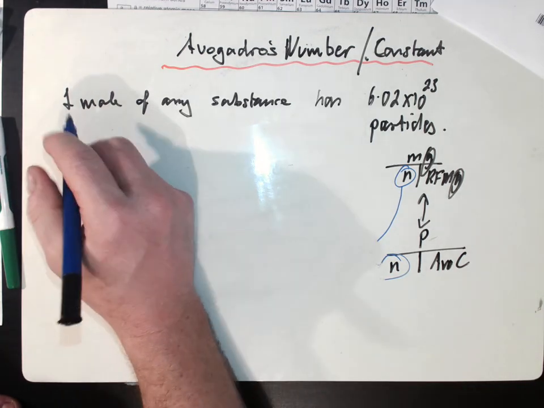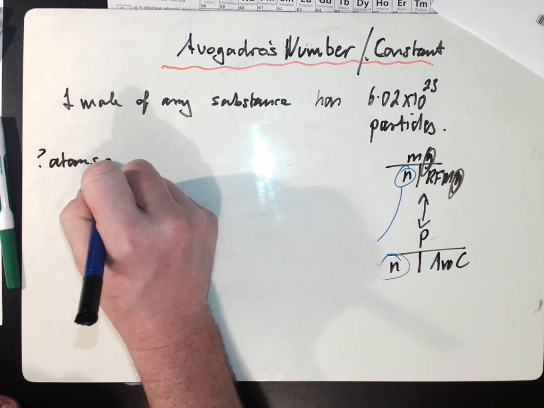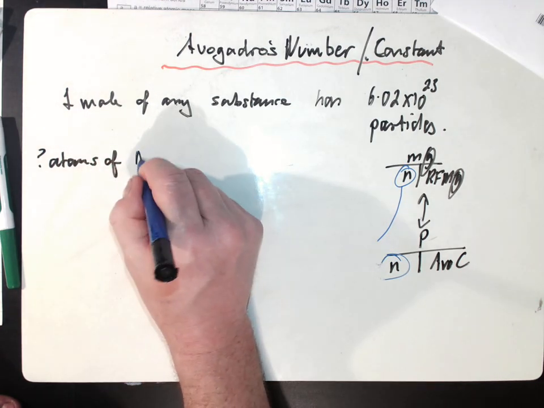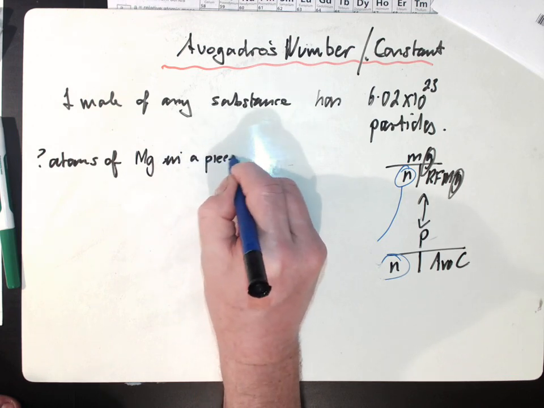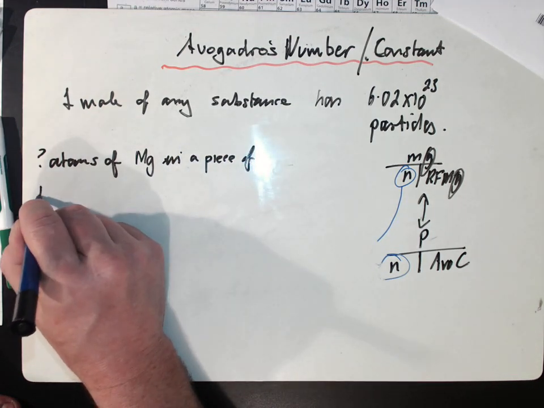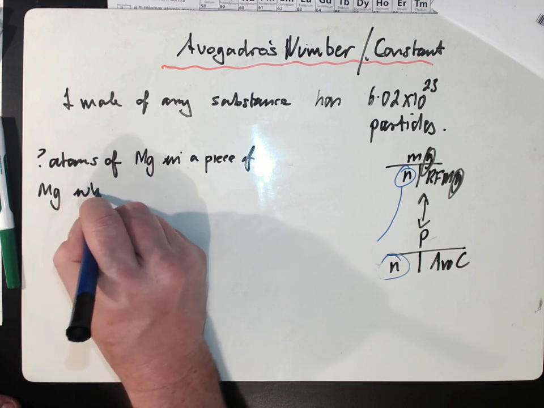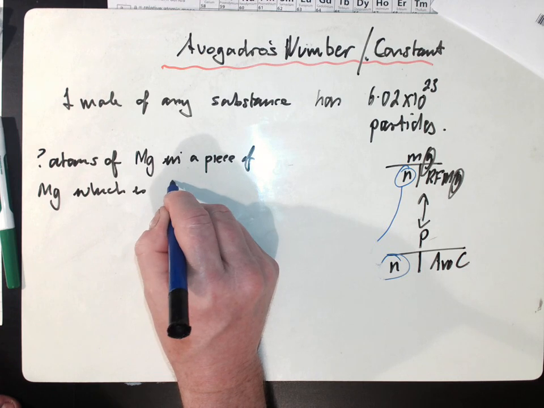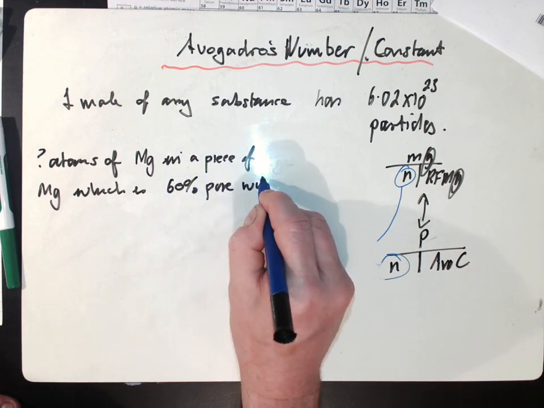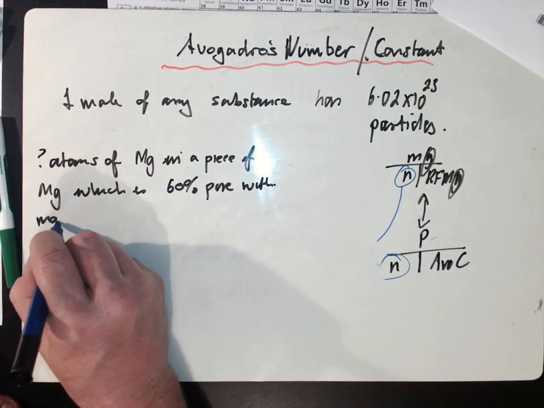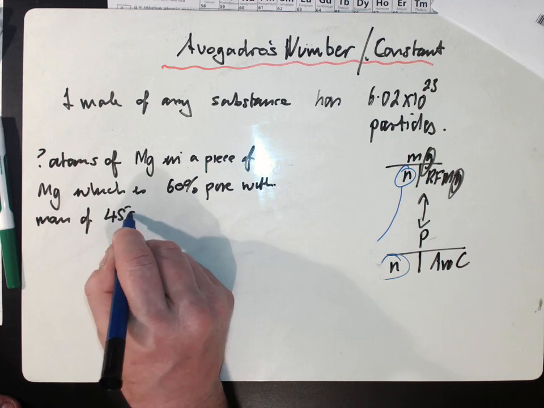So let's say this time, how many atoms of magnesium are in a piece of magnesium which is 60% pure with a mass of 45 grams?